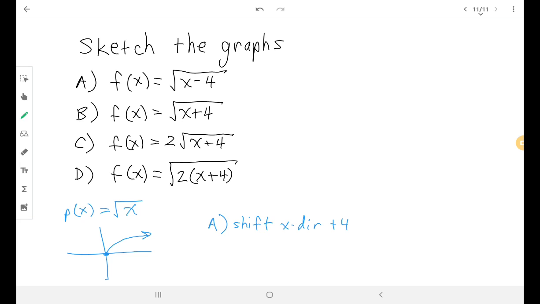Other than that, there are no modifications to this, so the change for A just looks like moving it over to 4 there on the x-axis and redrawing it. And that's it. I'll give you just a moment to look at that, and then we'll do the next one. I'll have to erase this.